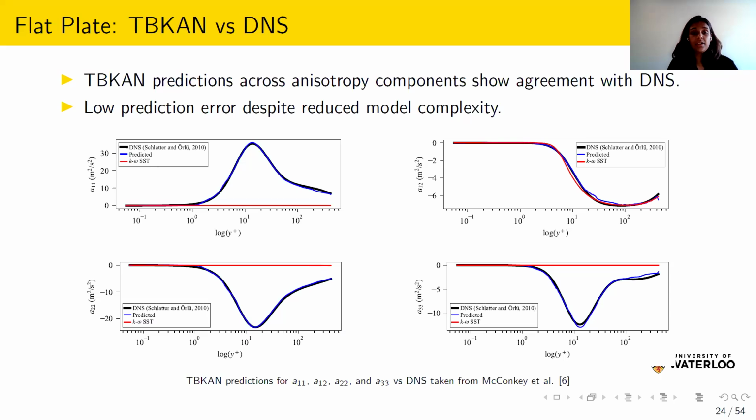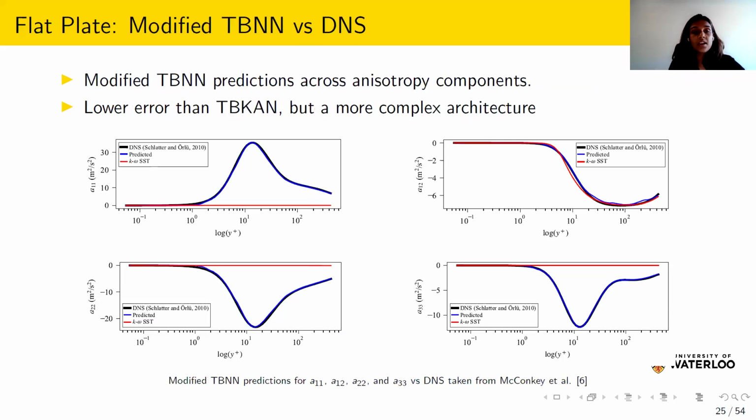But the model itself is fairly well aligned with the DNS results. Versus when you look at the results from the modified TBNN prediction for the anisotropic components, visually they do look better, like a better match. So there is a lower error than TB-CAN, but it does have a slightly more complicated architecture.